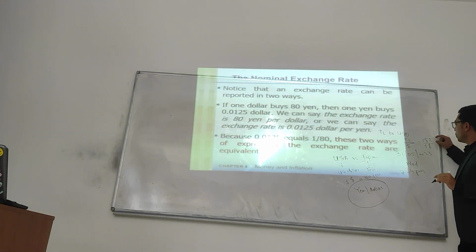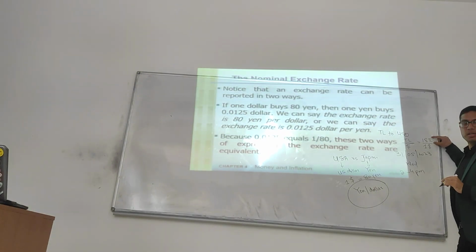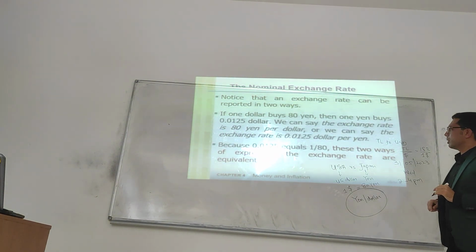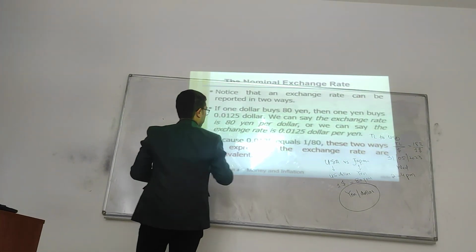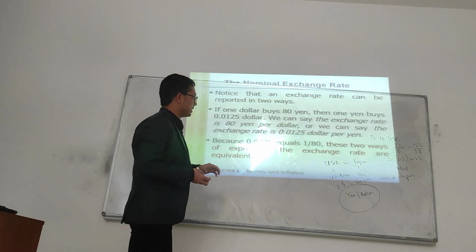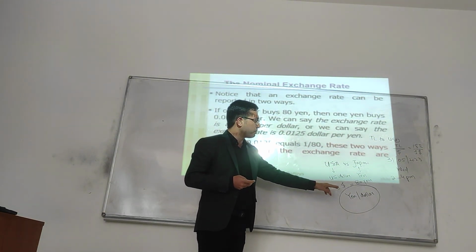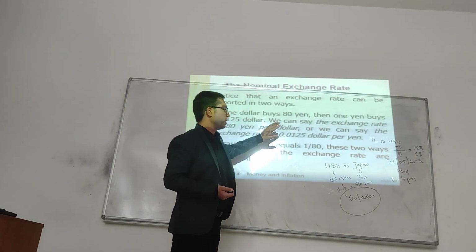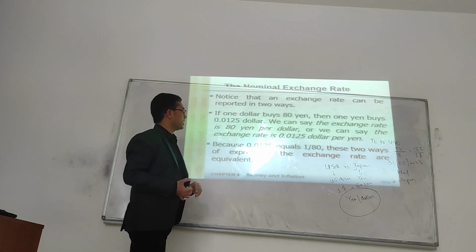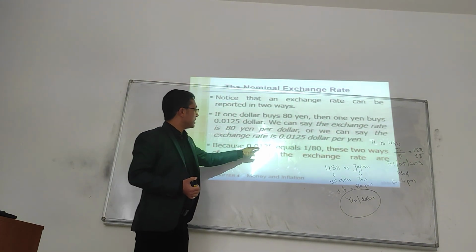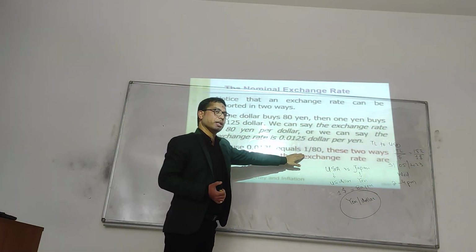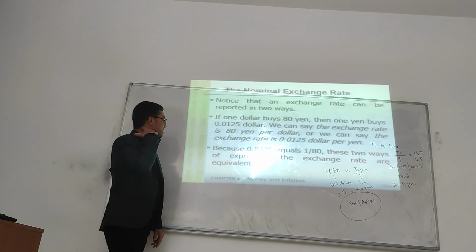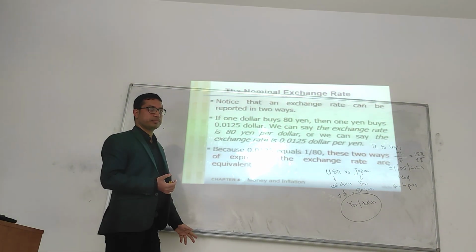It means you will pay 18 Turkish lira to get $1. Is it clear? Yes. So this is your choice, if you want to express the relationship between the prices of the two currencies in this way or this way. I'm using this one. This is comparatively easy. So we can say that this amount equals 1/80. These two ways of expressing the exchange rate are equivalent.